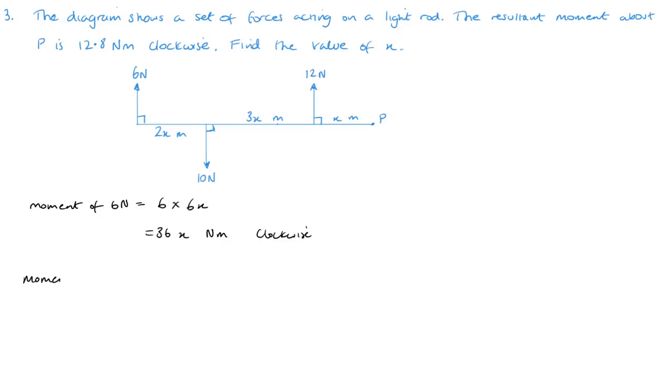Now the moment of the 10 Newton force, that's going to be 10 times, now the distance here is 4x, so it's going to be 40x, and this is going to go anti-clockwise.